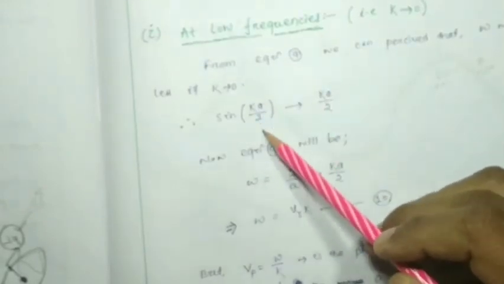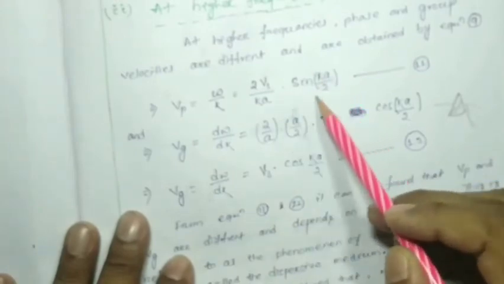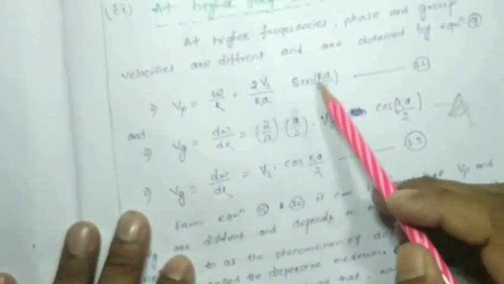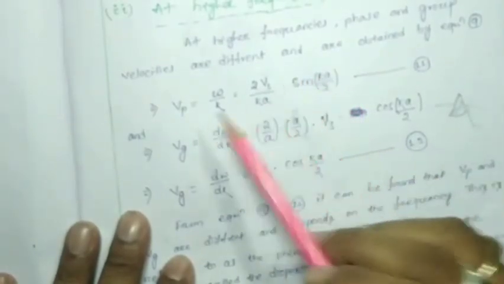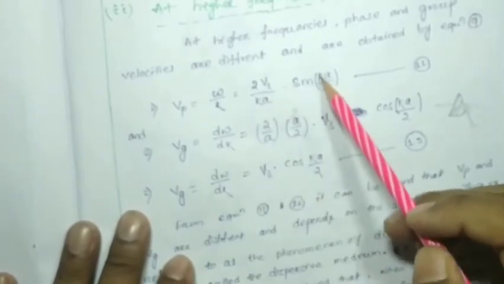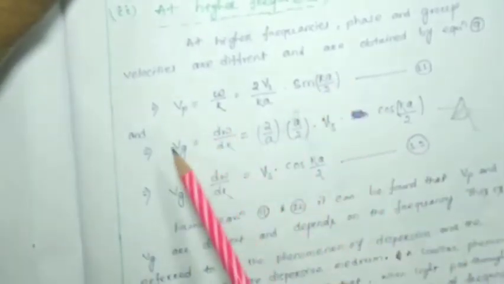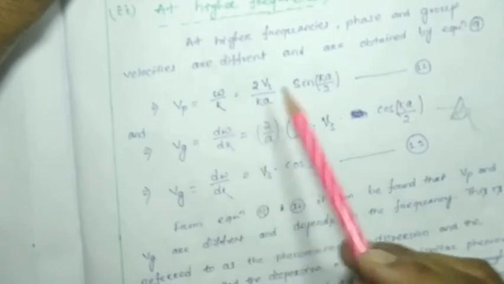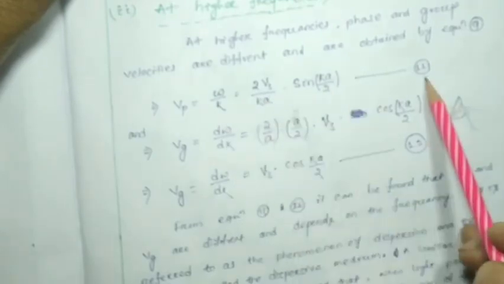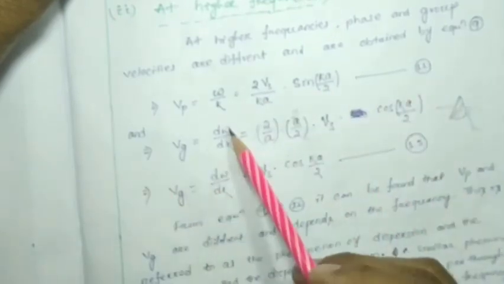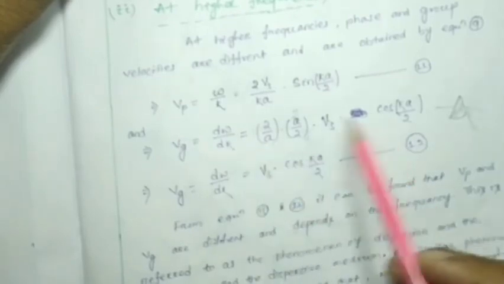Here sin ka by 2 will be considered as such, because with variation of k the omega varies sinusoidally. So Vp, which is omega by k, will be this much. Let this be equation number 11. And Vg equals d omega by dk, which is 2 by a into a by 2.